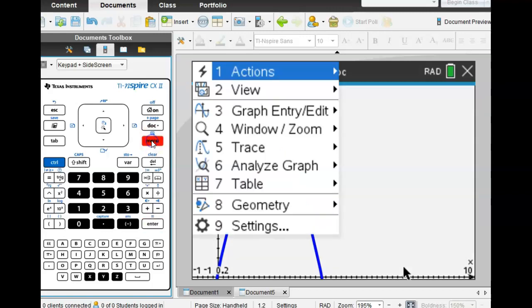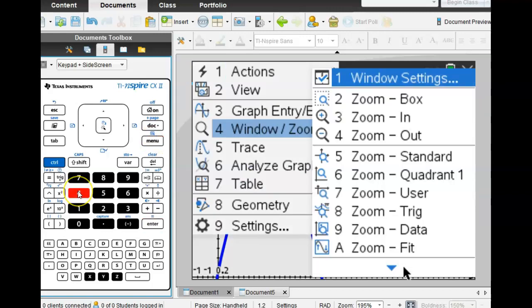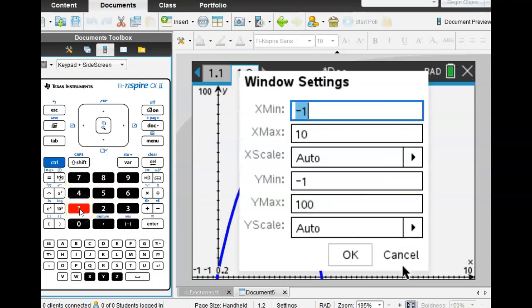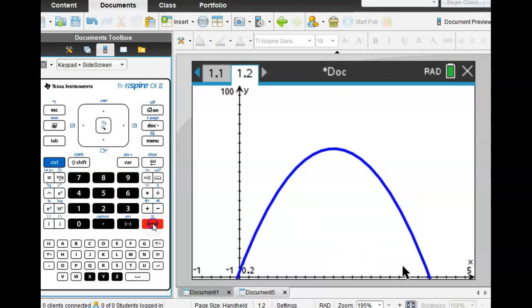So we'll go back to menu, 4 for window zoom, 1 for window settings, and I'm going to change my x max to 5. Everybody with me? Okay, and hit enter. Then we'll be good enough, right? Everybody good with that? Okay, perfect.